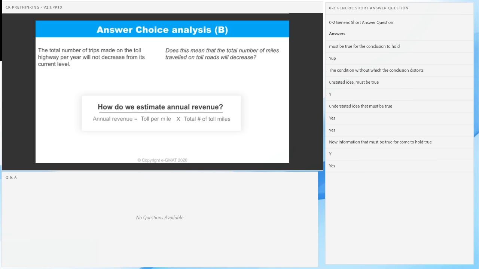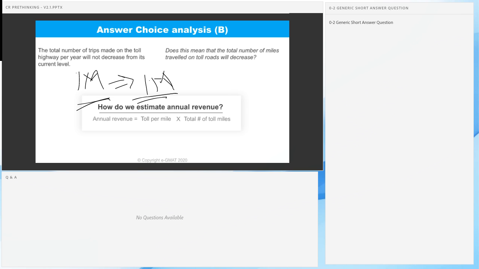All right. Choice B says the total number of trips made on the toll highway per year will not decrease from its current level. So what this is saying is last year, if we made 1 million trips, this year we will also make at least 1 million trips. We could make 1.1, 1.2, but at least 1 million. Now, is that required? Must that be true?